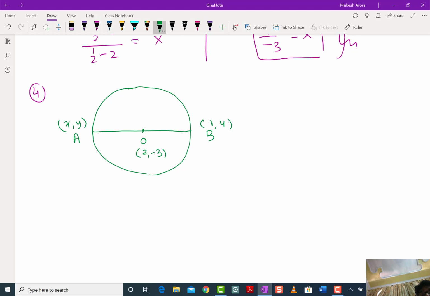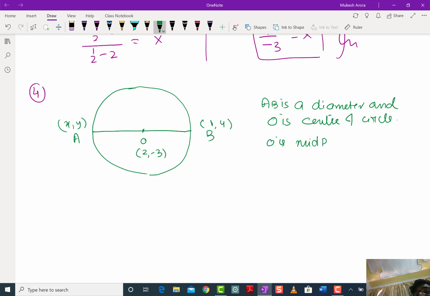So it's very simple. AB is a diameter and O is the center of the circle. So that means O is the midpoint of AB. Formula for midpoint is x1 plus x2 by 2, y1 plus y2 by 2.